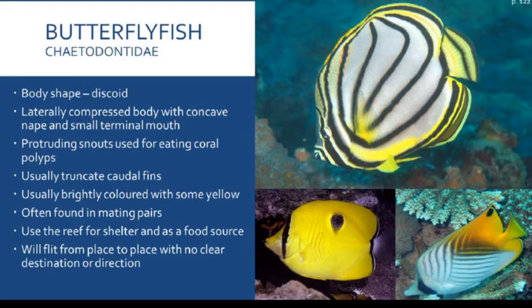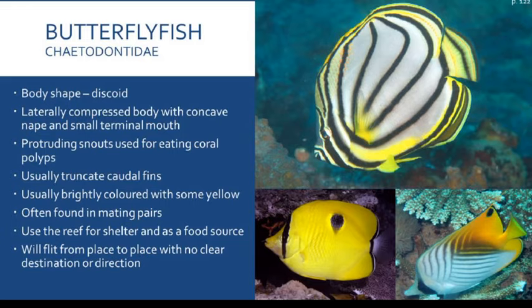Now, a terminal mouth means that the mouth is sitting kind of in the front of the fish, so it's right level with what it's eating. A fish's mouth may sit higher up on the forehead, or a bit lower, under the chin almost, but these guys have a terminal mouth, which means it's right in the front of its face.